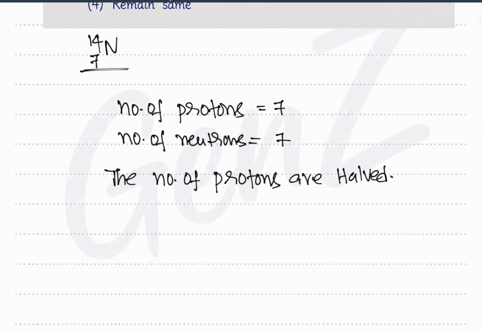So the mass of the protons becomes 7 by 2, which means 3.5.